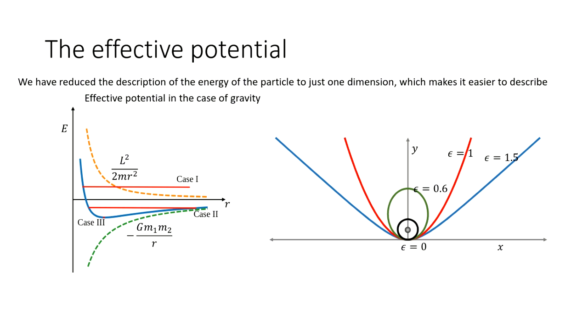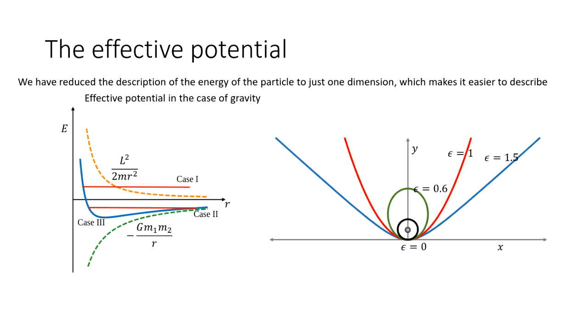What we get is the potential energy of gravity is negative G M m over r, and that's given by this green dotted line. And we also have this other part of the effective potential, this angular momentum part, L squared over 2 m r squared, and that is positive, of course, and it also blows up as r approaches 0.